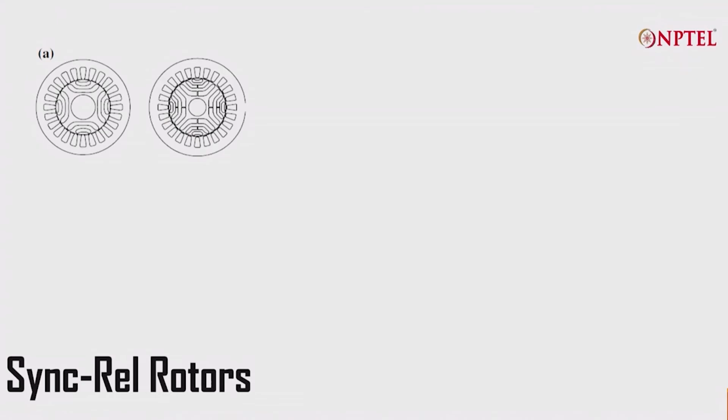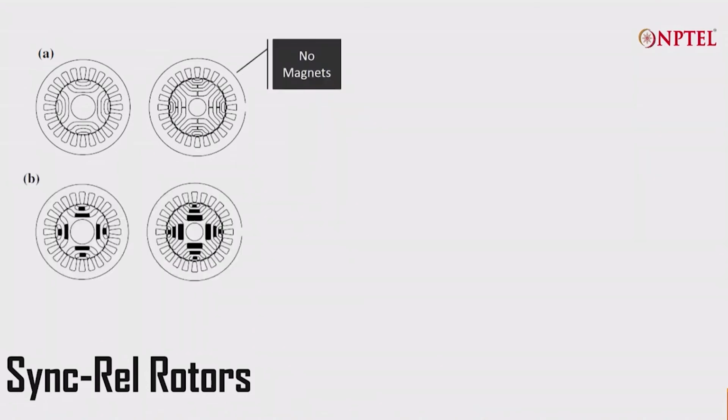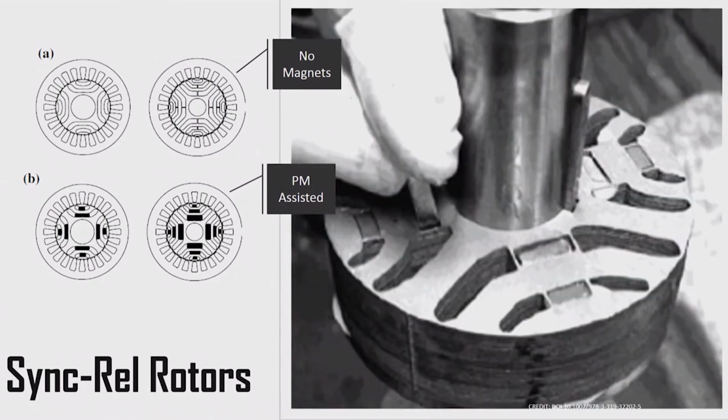So for a synchronous reluctance motor, the designs would be like this with no magnets, or you can have permanent magnet assisted ones. There is a close-up view. You see that there is a lot of air gap.